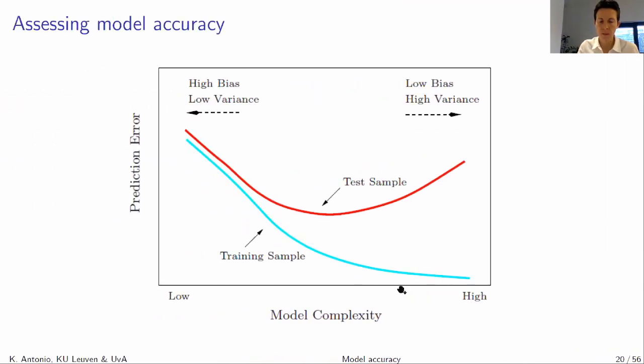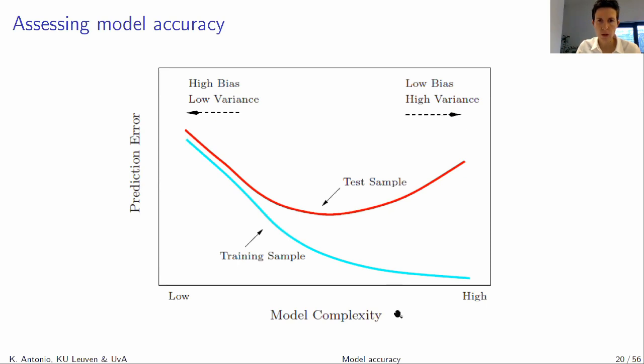Complexity, model complexity on the x-axis, prediction error on the y-axis, and then we want to compare the performance of different models, in this case expressed by different levels of complexity, on both the training data and the test data. And you want to recognize when a model is underfitting, when it is overfitting, and when it is fitting appropriately, let's say, right?